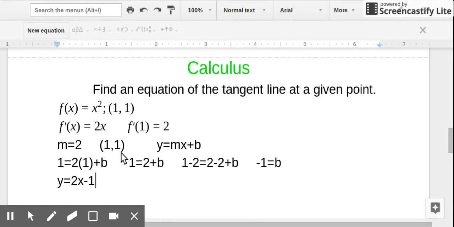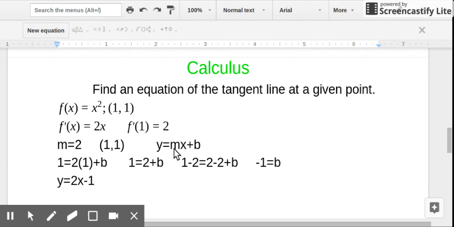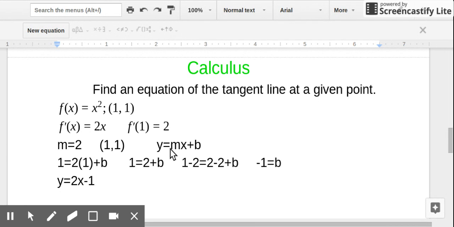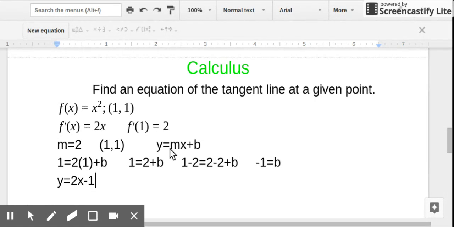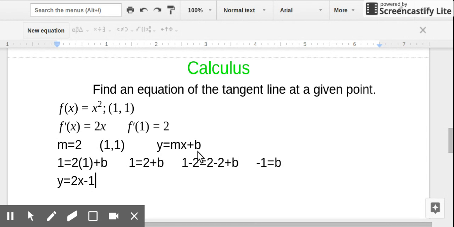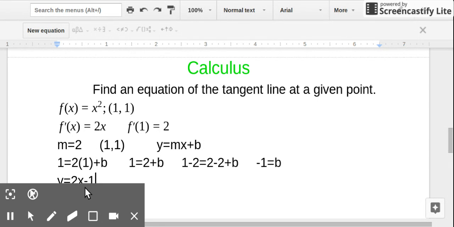That was our m. We're given a point, and we used the slope point form here. There's a couple different ways we could have done this. We could have used a different form and found our b, but I'm just going to use this, and hopefully you were able to follow this process. It's pretty simple to do.